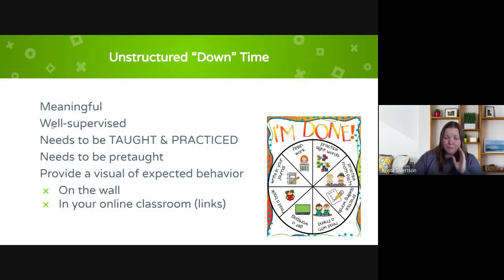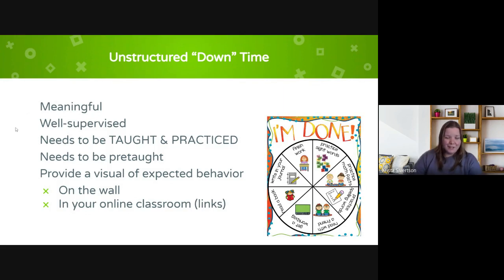And just to put out there too, we always have that unstructured downtime when we're thinking about the tasks in our classroom. So making sure that the tasks that we have set up for students during that time are meaningful, they're things that we can supervise, and they may need to be taught and practiced. Even, you can't necessarily expect some of our students to be able to sit and silently read a book.